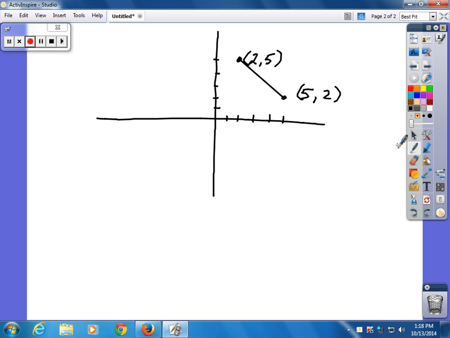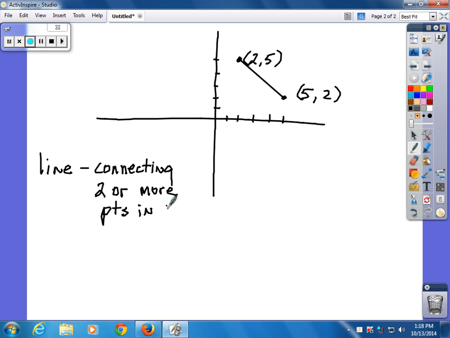Yes, Hubert, that's called a line. Linear means that they all line up together. There's no zigzags.